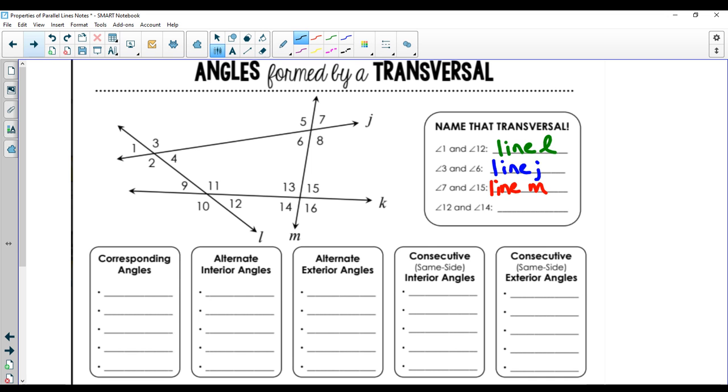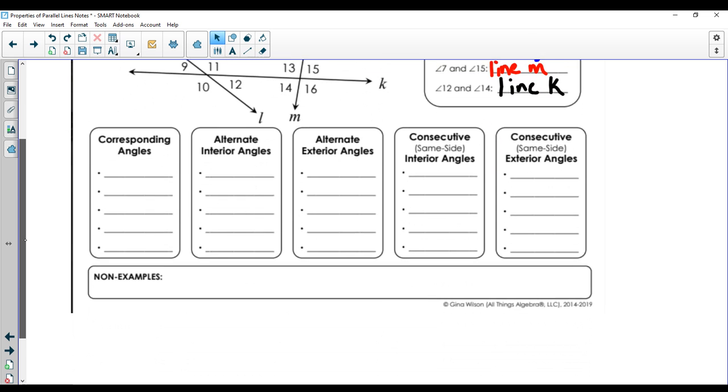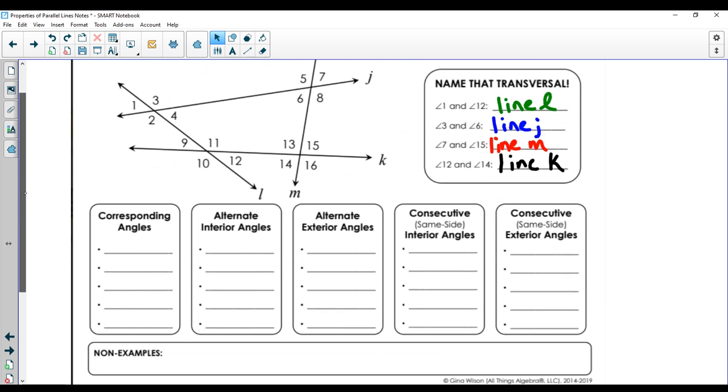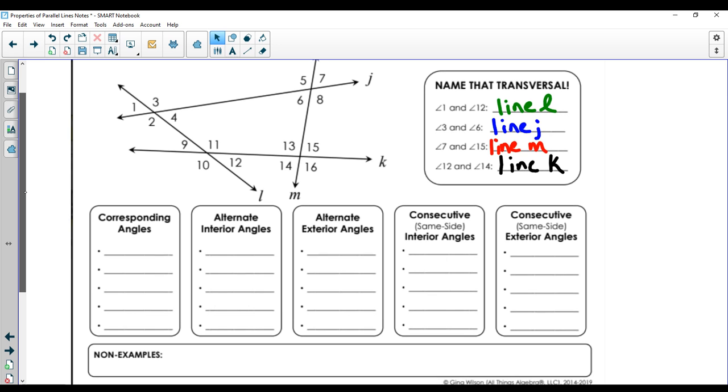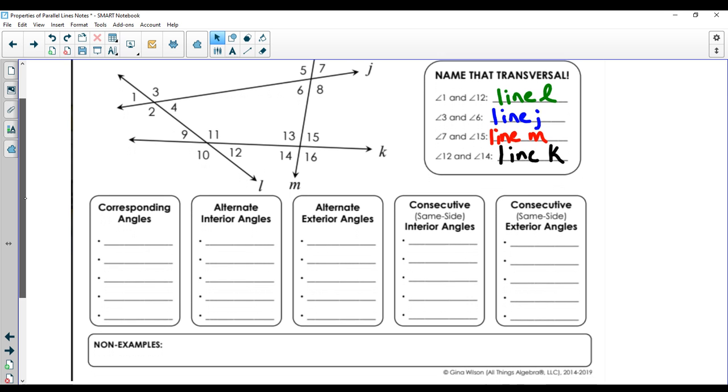Okay, and then last one we can talk about 12 and 14. And that would be line K. Right? Again, it is super important to be able to recognize which transversal two angle pairs lie on, because you're going to be asked how to do that later. So let me just scoot this a little bit. Okay.